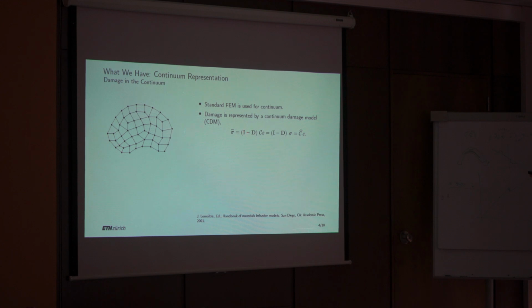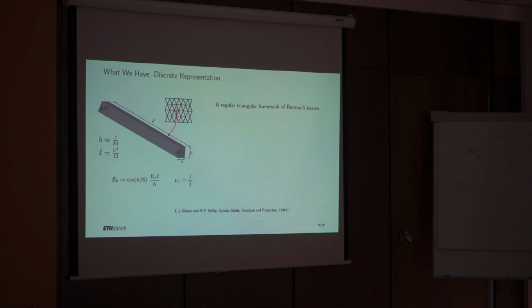In the 1D case you would have 1 minus D, where D equals 0 means no damage, and D equals 1 means absolute damage, you have lost every stiffness. In addition, you also need to provide some evolution law of this damage tensor, which depends on kappa, which is the history or state variable inside the continuum.